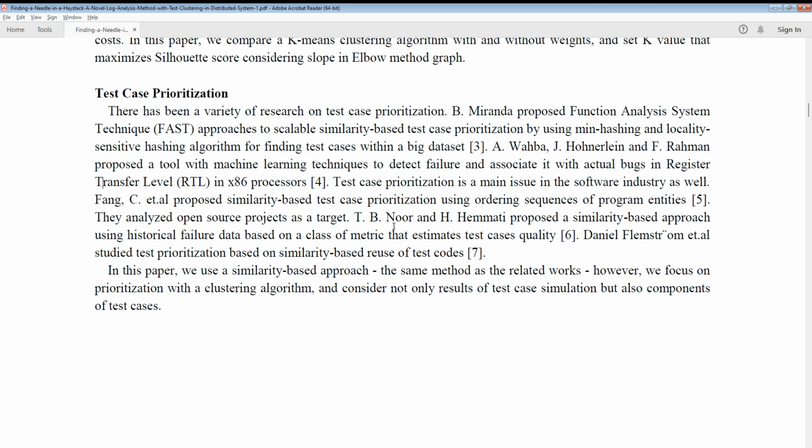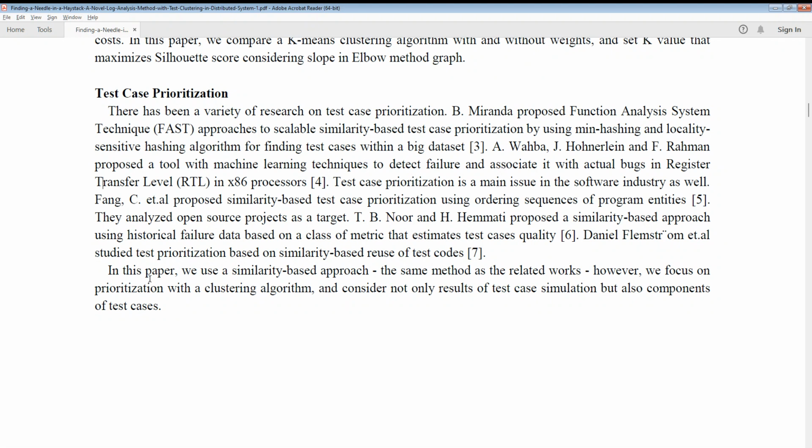T. B. Duer and H. Hamatin proposed a similarity-based approach using historical failure data based on a class metric that estimates test case quality. Daniel Fletcher et al. studied test prioritization based on a similarity-based reuse of test codes.